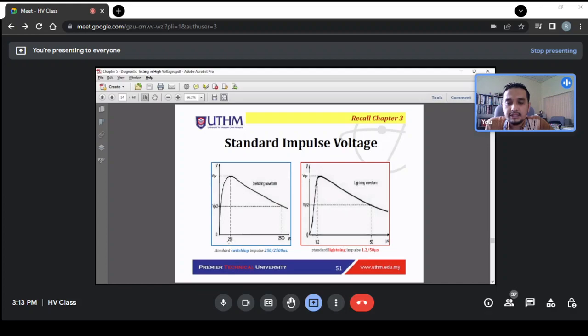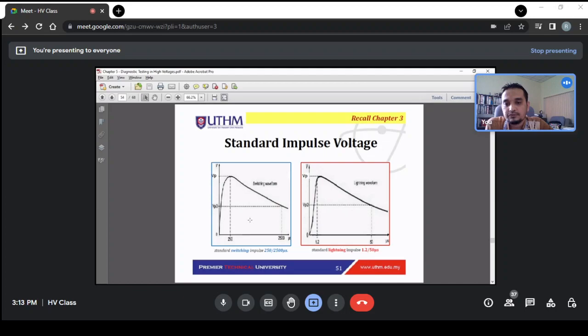For the switching, the rising time is up to 250 microseconds, while for the lightning, the rising time is only 1.2. It's about 250 times faster than the switching. That's why this one we call slow, and this one we call fast.